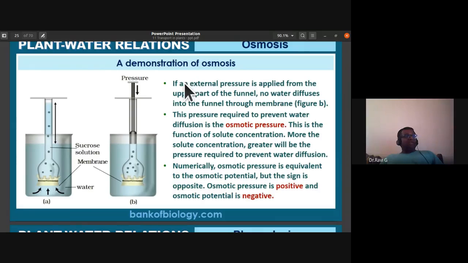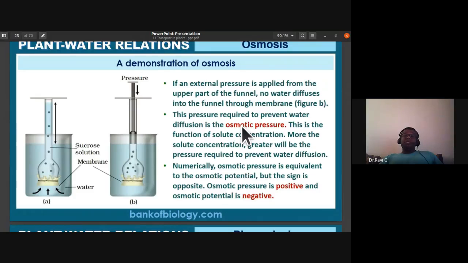Now in this thistle funnel experiment, if an external pressure is applied from the upper part of the funnel, no water diffuses into the funnel through the semi-permeable membrane.